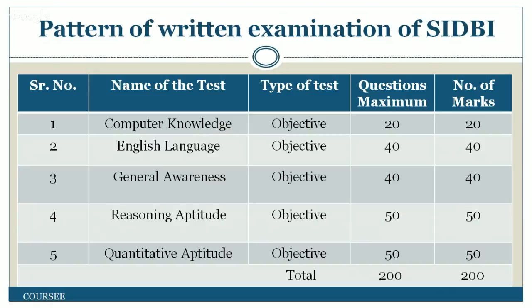General awareness 40 out of 40. Reasoning aptitude is also objective type with a maximum of 50 questions and 50 marks, and quantitative aptitude consists of 50 questions and 50 marks. So totally 200 questions and 200 marks.